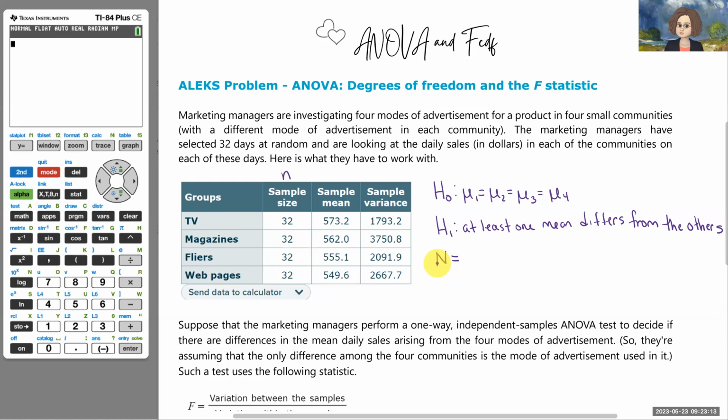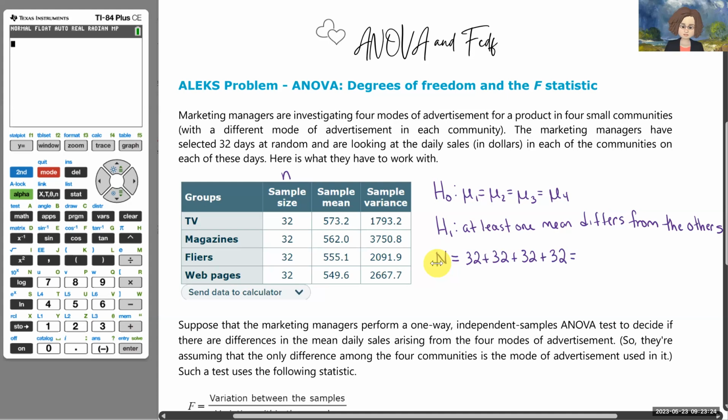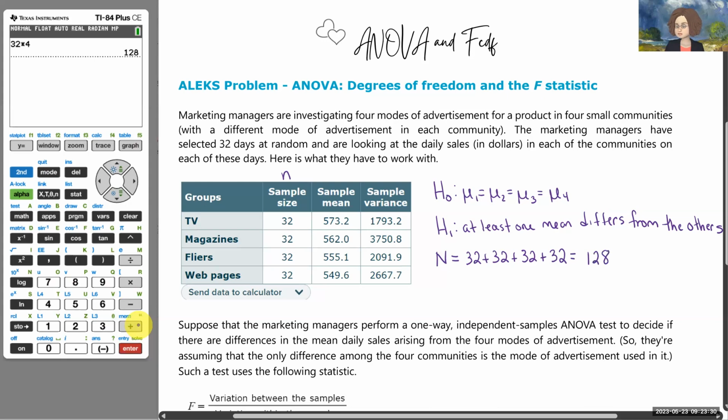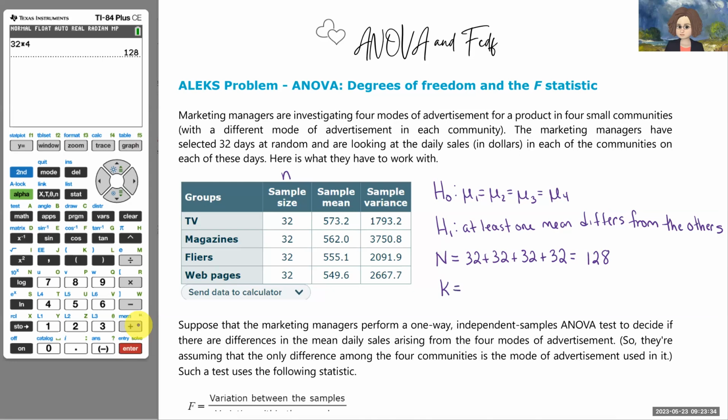The grand total number of observations would be taking all that data. So 32 days of data from each of those populations. Or of course, you could just do 32 times 4, but we now have a total of 128 pieces of data. So that's our grand total. K represents the number of populations under consideration, and that would be 4 because we have 4 modes of advertising.